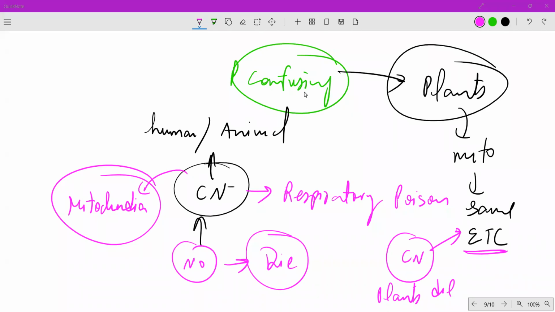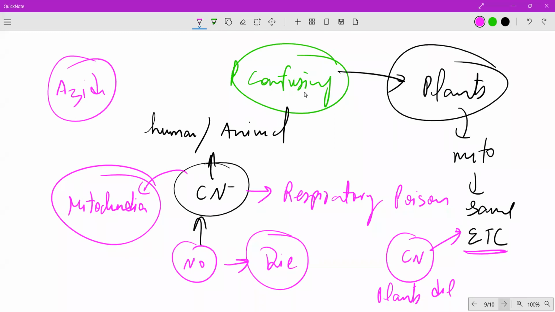So this is something which is puzzling me. Plants normally don't die because of cyanide poisoning, azide poisoning, or carbon monoxide poisoning. All these chemicals can target mitochondria, whether it is cyanide, carbon monoxide, or azide. They all inhibit the mitochondrial ETC. But why not plants?